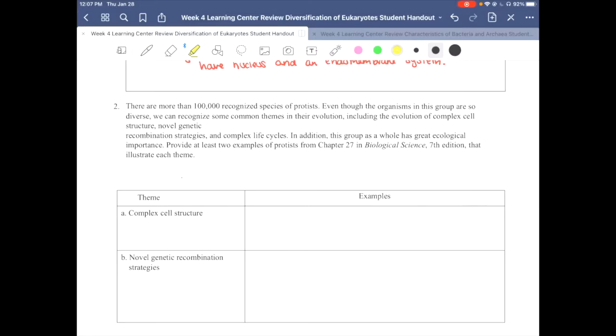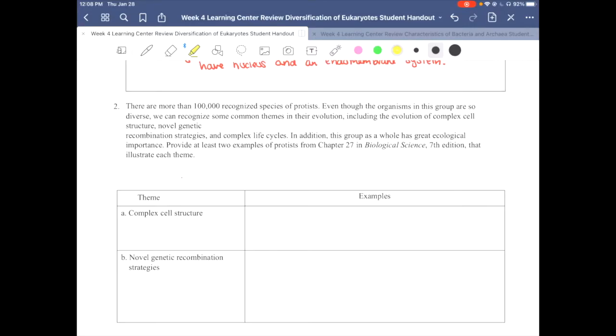For the next few parts, there can be multiple right answers. If you look in chapter 27 in biological sciences, you can find a lot of different answers, but I'll just be going through a couple of the examples that I've pulled out. Okay, so the first thing we're going to look at is the theme of complex cell structure.